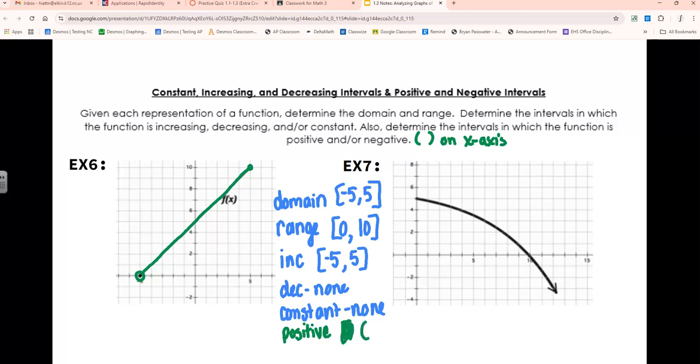Ignore that. Parentheses, -5, up to, we can use a bracket for the +5 because we're definitely above the x-axis here. So we're going to include that. Is it ever negative here? Is it ever below the x-axis? It is not. Okay, so these are the key things that we'll be looking at.